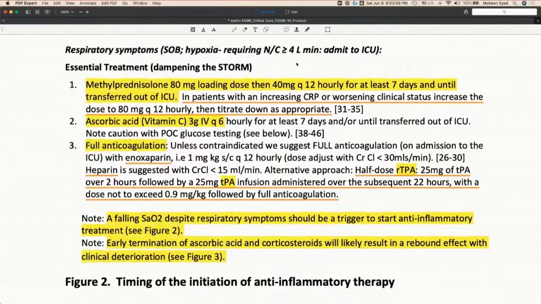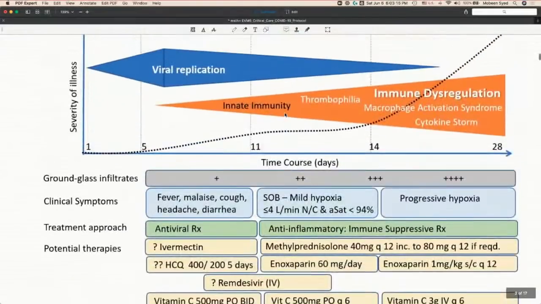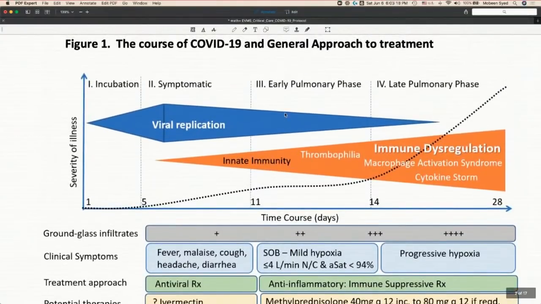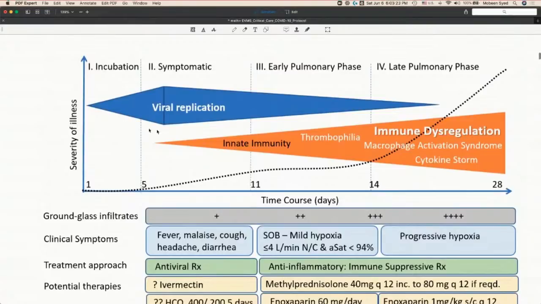Look at this essential treatment, dampening the storm. That is the important part. If you look at their basic division of the disease stages, there is the incubation period, then the symptomatic patient, then the early pulmonary phase, and then the late pulmonary phase.